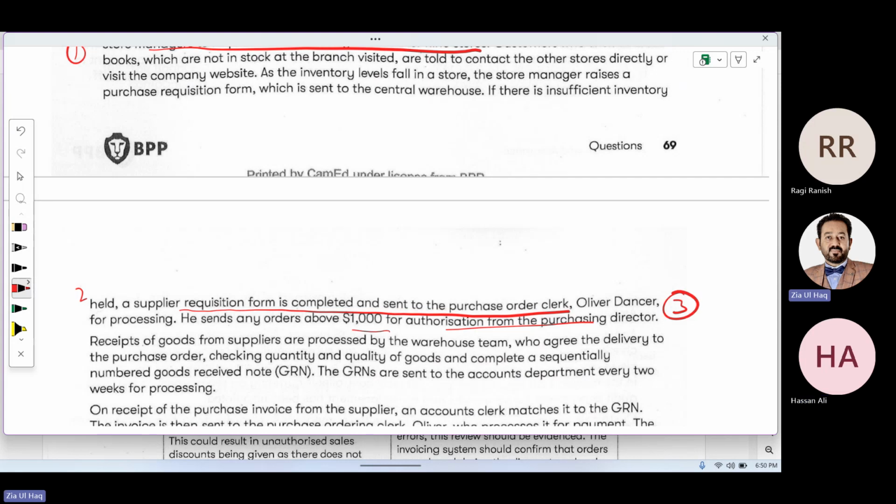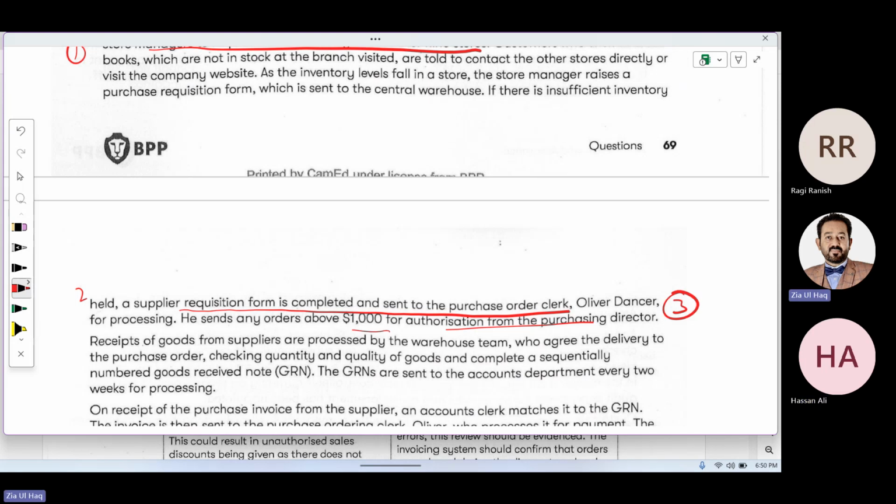What could be the test of control? Select a sample of orders below 1,000 amount and test for evidence they are authorized by any person other than the clerk. I mean, there should be an authorization signature. Before sending the order, he will sign and then send.